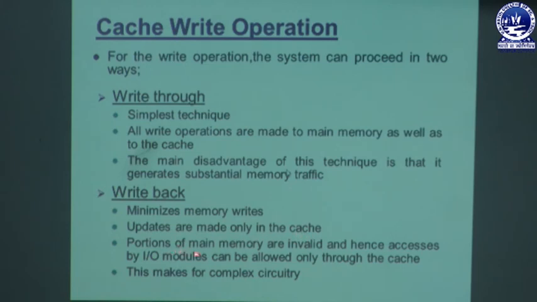The portion of main memory is invalid, and hence accesses by IO modules can be allowed only through the cache. As we are not updating the content of main memory, when the processor accesses the IO modules, it can be allowed only through the cache. The write back protocol is basically used for complex circuitry. So this is the concept of cache write operation and cache read operation.